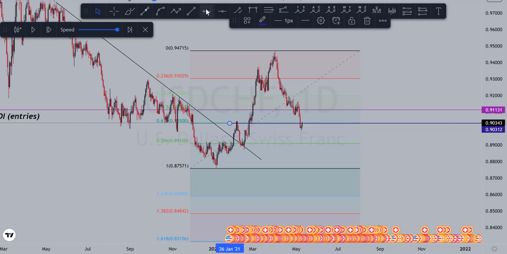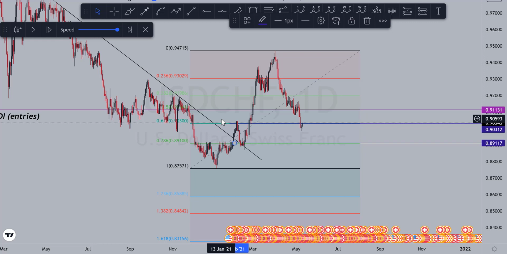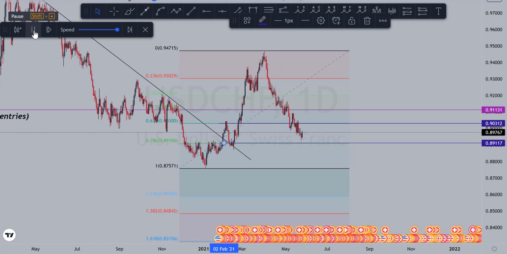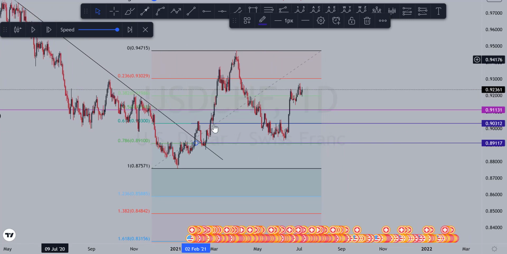Then you also identify order blocks at the 78.6 area. Let's just play our price action there, then you see what happens as we get to that point.